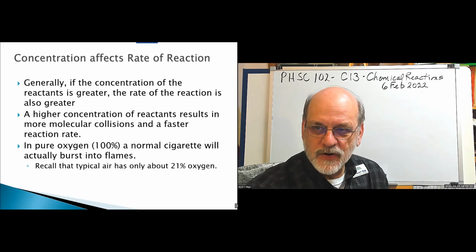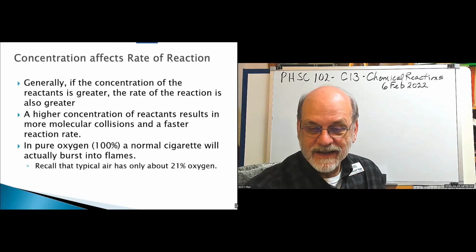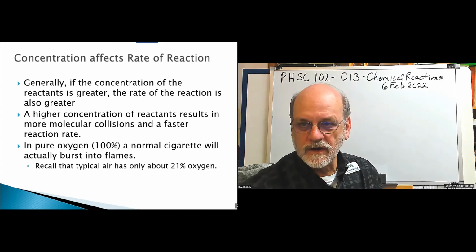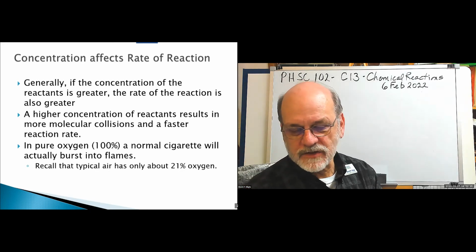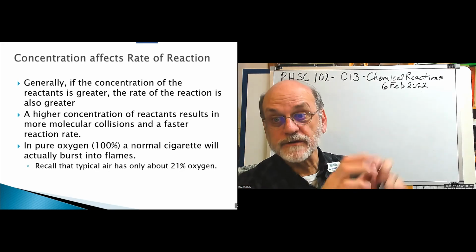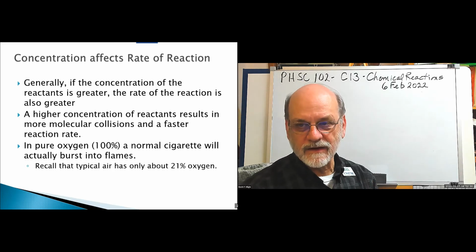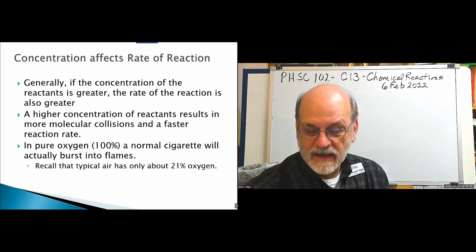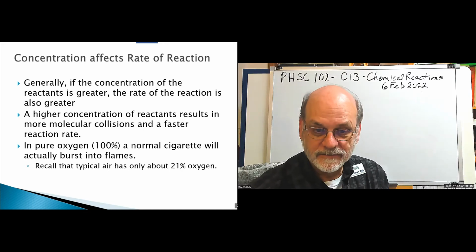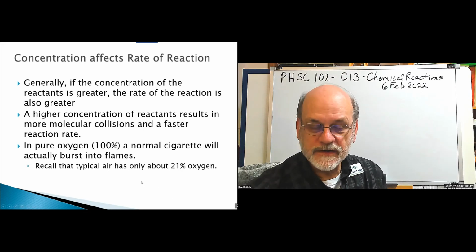But if you light a cigarette in an oxygen atmosphere, say you're going to visit a grandma and she's in an oxygen tent, or she's got an oxygen mask and she pulls it off for a second and the oxygen starts to fill the room, you light a cigarette and it just goes up in your face. The reaction rate is much faster because we've increased the concentration of oxygen.